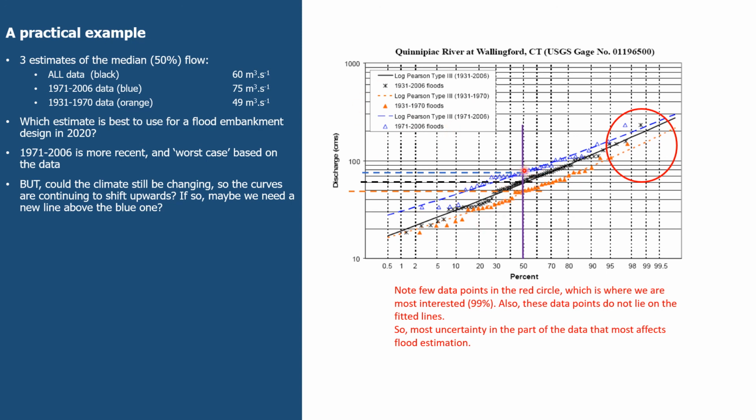Is this the new steady, stable condition and we can use this for design? Or should we assume that things are going to keep getting worse, and should we actually add in another line up here to represent the potential for further climate change?